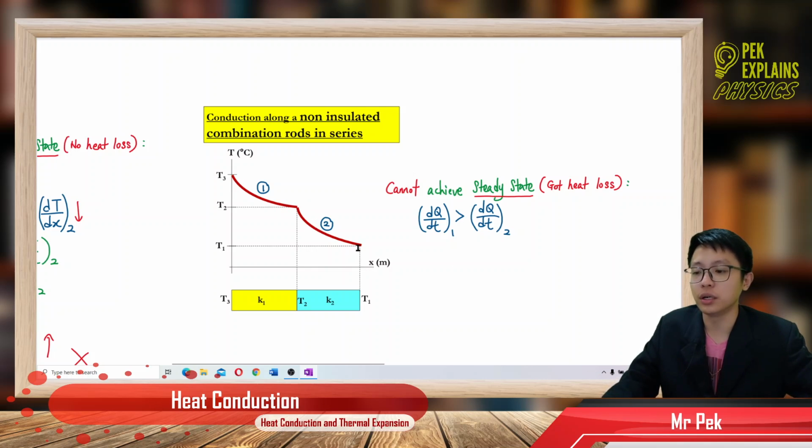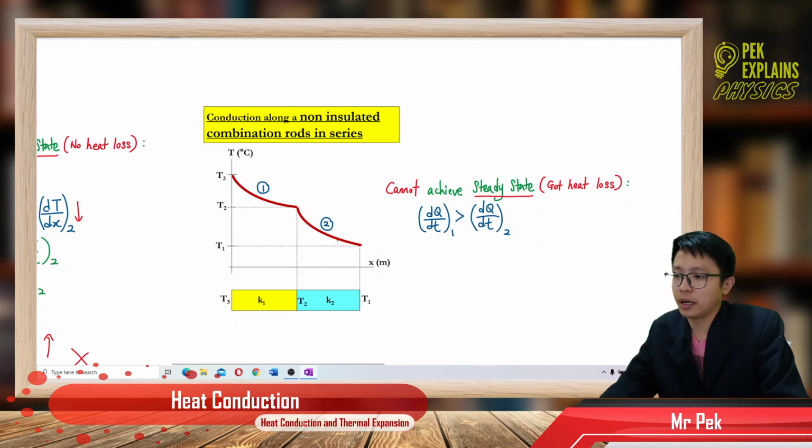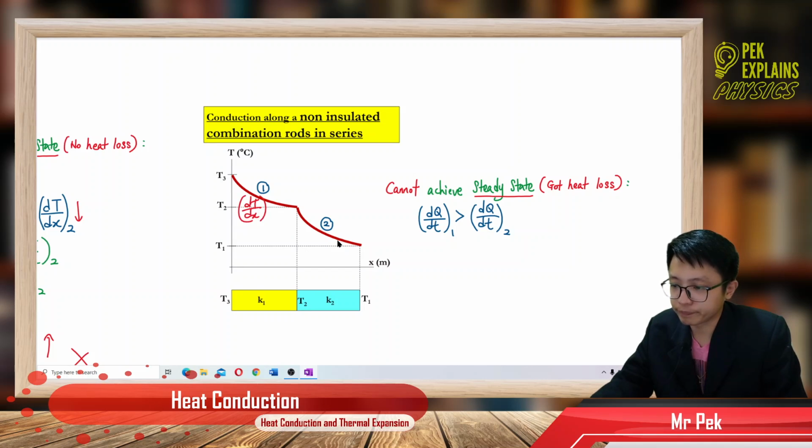So it is also a curve, and also has different gradients. What I can see is this temperature gradient is smaller. This one is steeper, this temperature gradient is bigger.